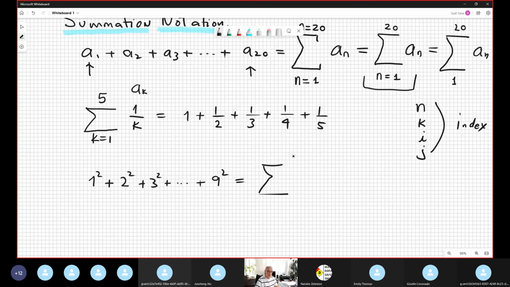The numbers inside are 1, 2, 3, 4, 5, natural numbers. I want to call it n or k, either way. I prefer k, where k belongs to the natural numbers, going from k equals 1 to the last one. That's it.